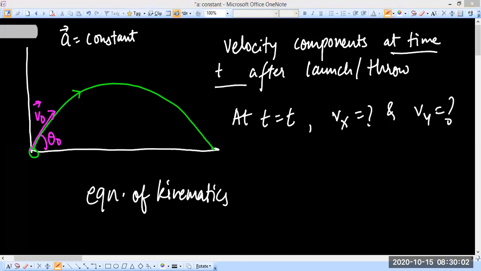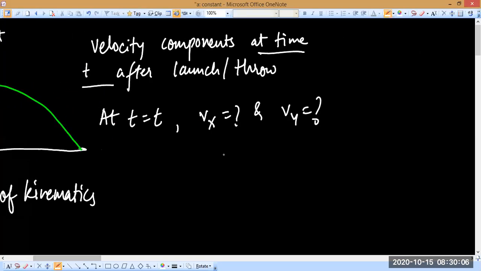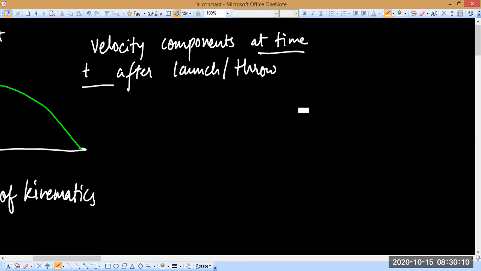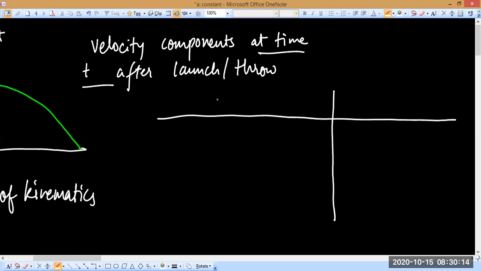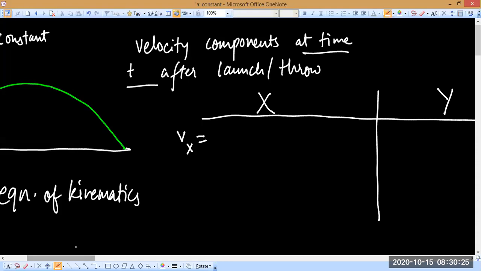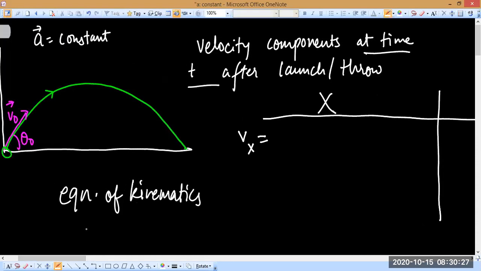Okay, so for Vx, હવે બે કોલમ બનાવી દઉં, one for x, one for y. Okay, so we can do respective calculations over there, એટલે તમને easy પડે. This is x party and this is y party. Okay, a difference between x and y નથી. So Vx equal to, okay, if I want to find Vx, which equation of kinematics should I use? 1, 2 or 3?